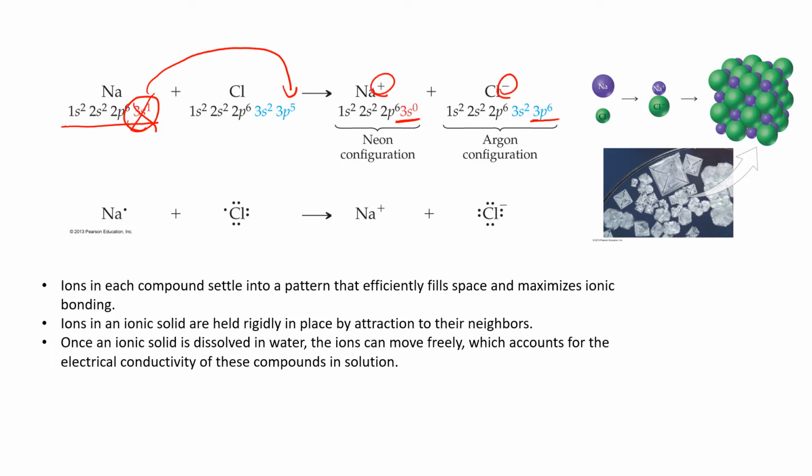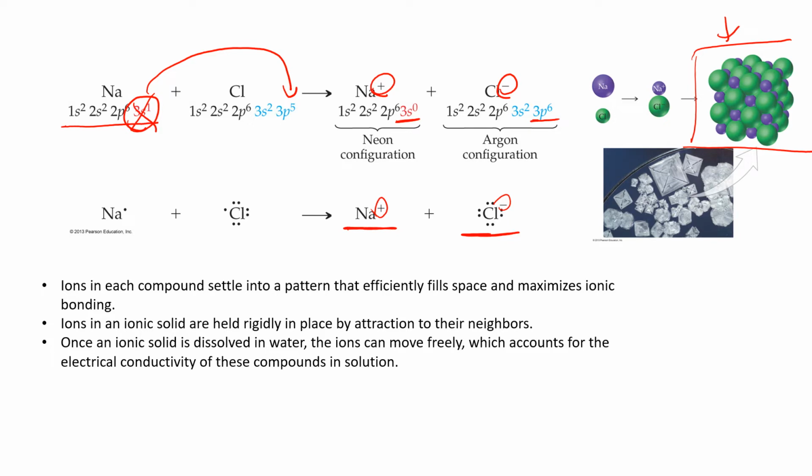This picked up a negative charge because it gained that electron. Now, once you form ions, opposites attract, right? So these are called electrostatic forces, where the positive is attracted to the negative, and you can see we form a nice crystal lattice structure of positive negative. These tend to occur in a 1-to-1 ratio because this is +1 and this is -1.